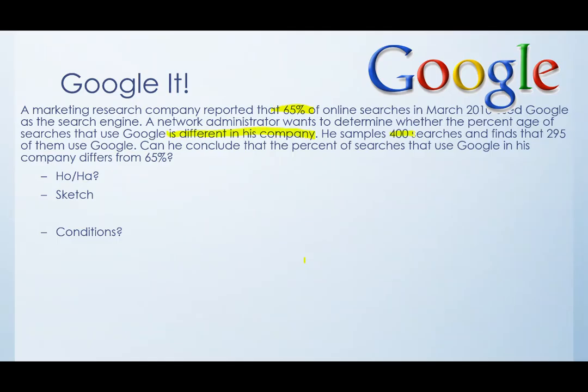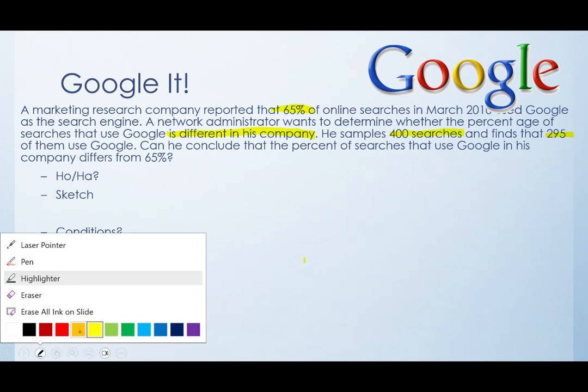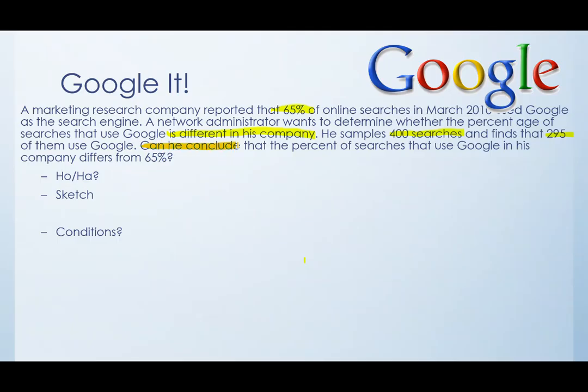He samples 400 searches, finds that 295 of them used Google. Can he conclude that the percent of searches that use Google differs from 65%? I'm going to highlight that question in a different color because that's going to inform our alternate hypothesis.